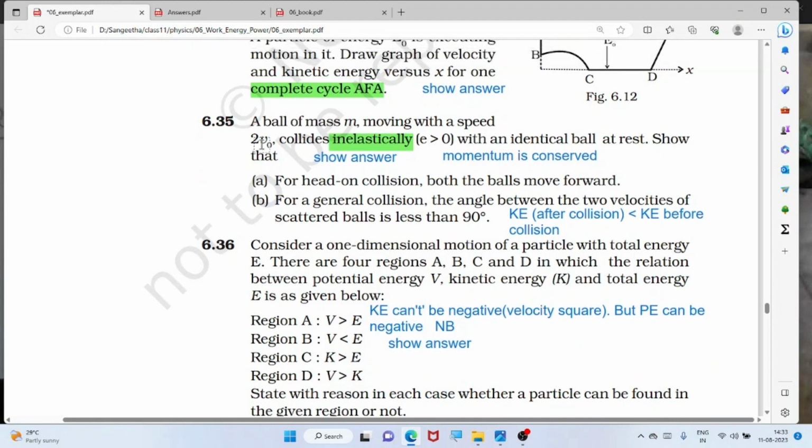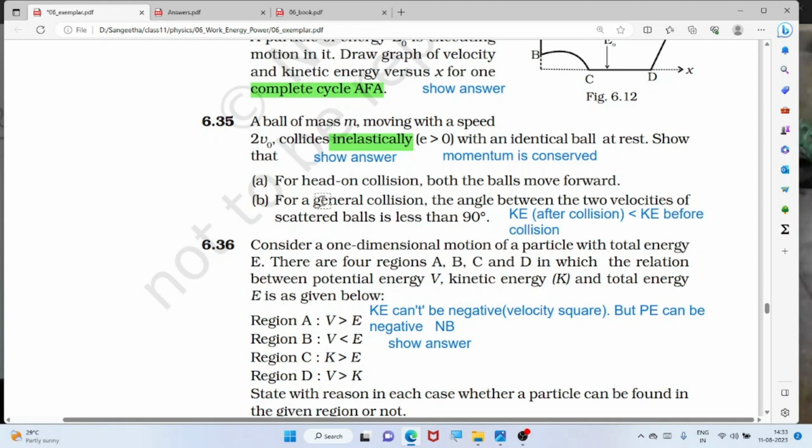A ball of mass M moving with a speed u0 collides inelastically with an identical ball at rest. For a head-on collision, both balls move forward.